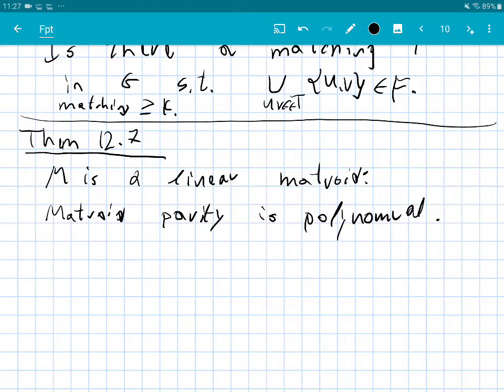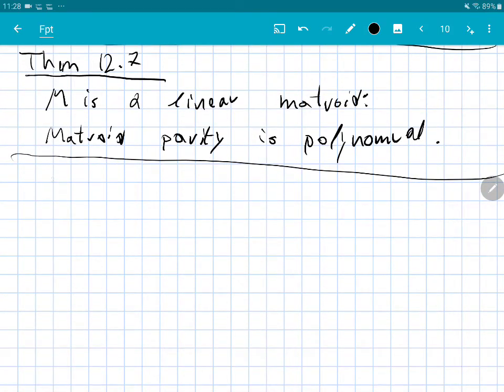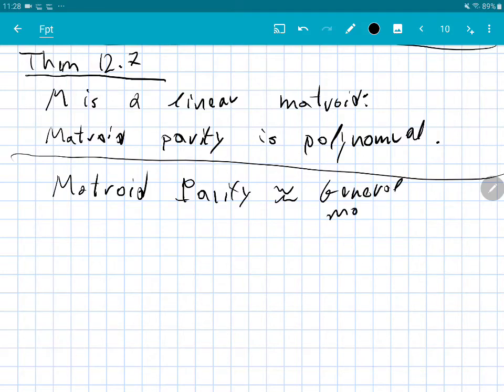The details are not trivial, and I should say also that people know how to solve it in general without matrix multiplication. Intuitively, Matroid parity is roughly equivalent to general matching in graphs.